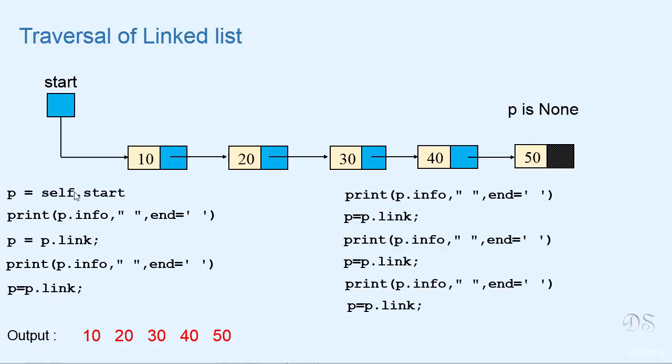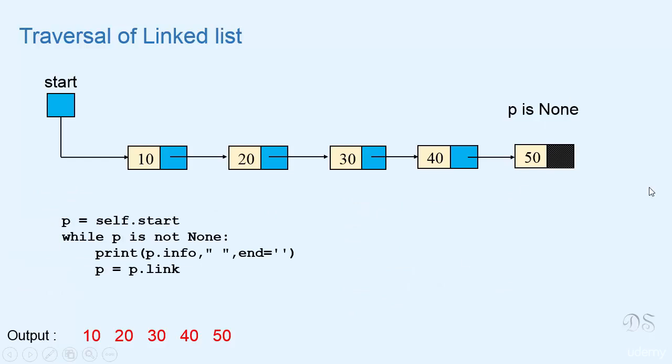So we have traversed the whole list and printed the list items. We can see that we are repeating the same statements again and again. So we can write this in a loop, and the terminating condition for that loop would be when P becomes None. So this is the loop for traversing a linked list. We take a reference P and initialize it with start, and this loop continues till P is not None.